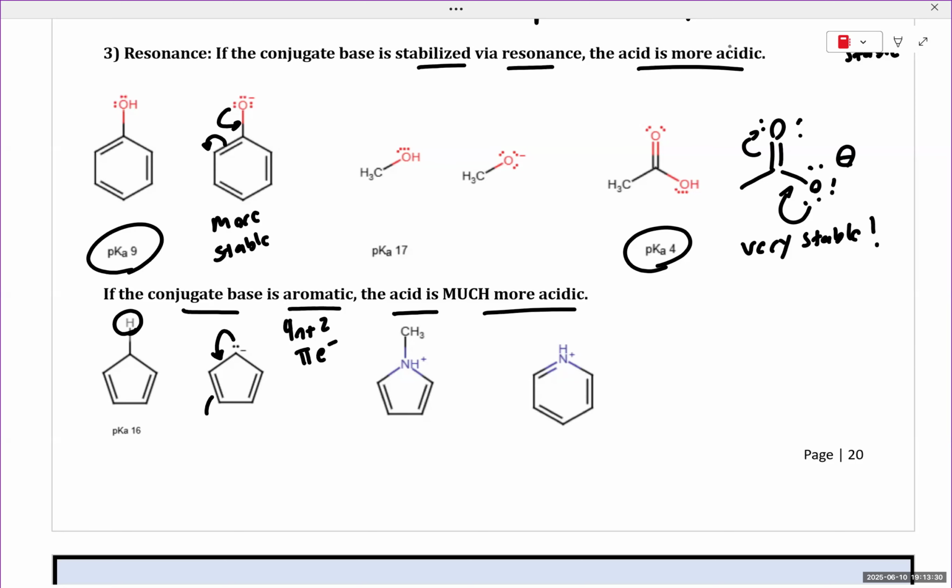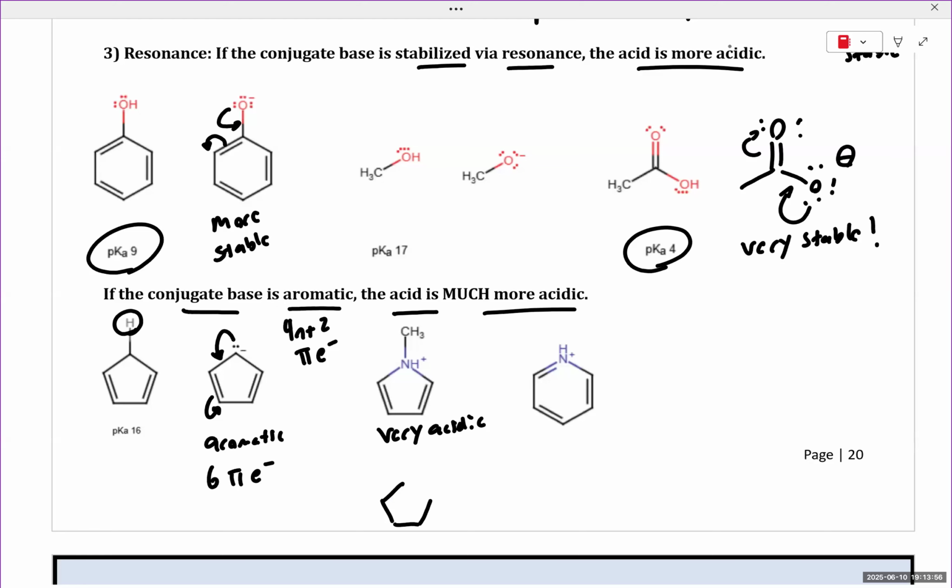We have a conjugate resonance stabilized anion, and this anion is aromatic. It has 6 pi electrons fully conjugated in a ring. This also explains why, for example, if you protonate pyrrole, this species is very acidic. Why?